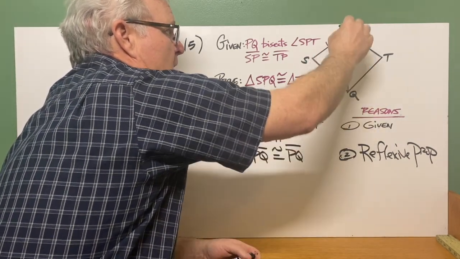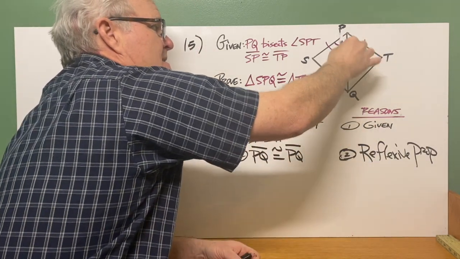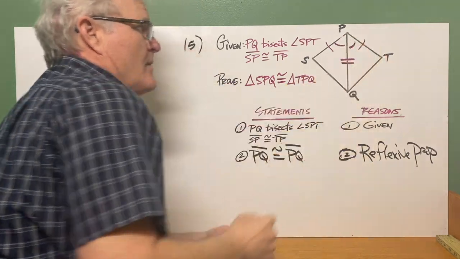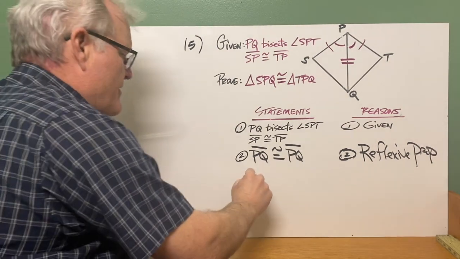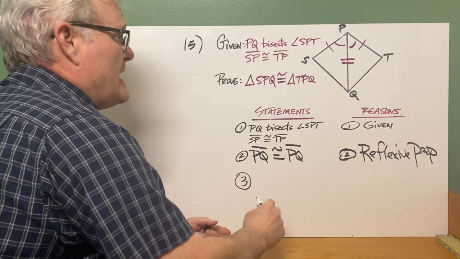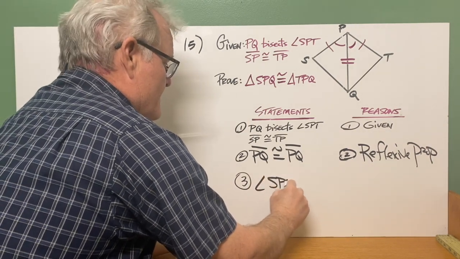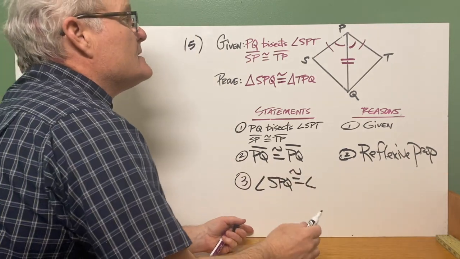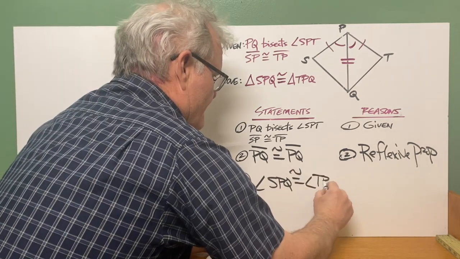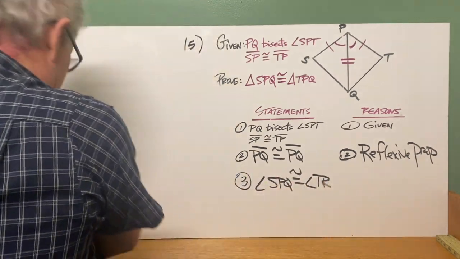That means that angle SPQ is going to have to be congruent to angle TPQ. So I'm going to state that for my statement number 3 would be angle SPQ is congruent to angle TPQ. Oops, not TR, TPQ.